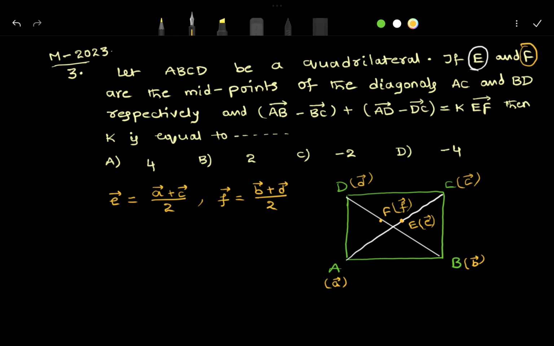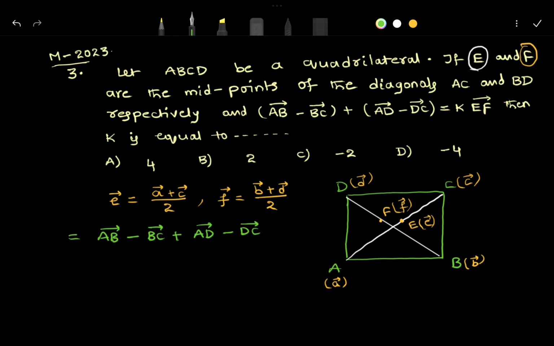Now you see, what is the given expression? The given expression is AB bar minus BC bar plus AD bar minus DC bar.